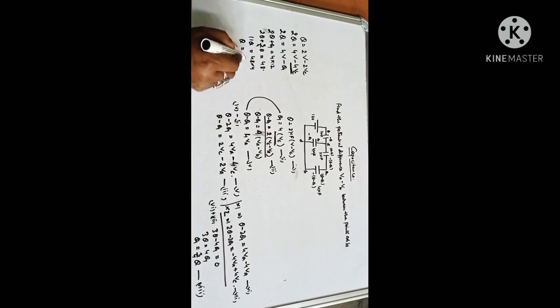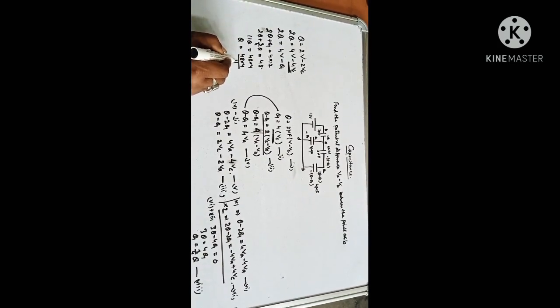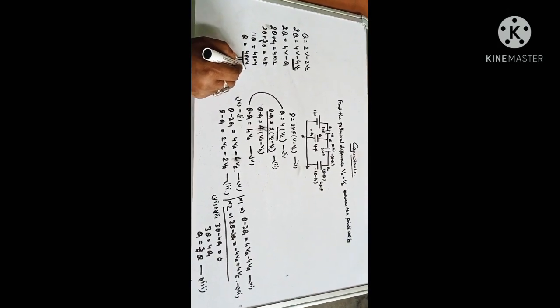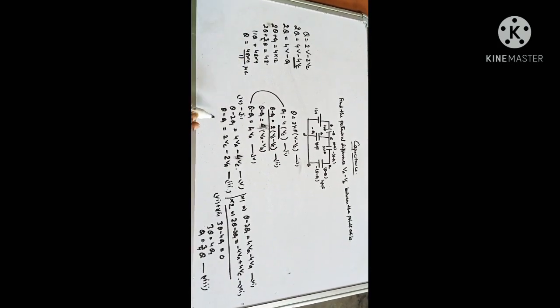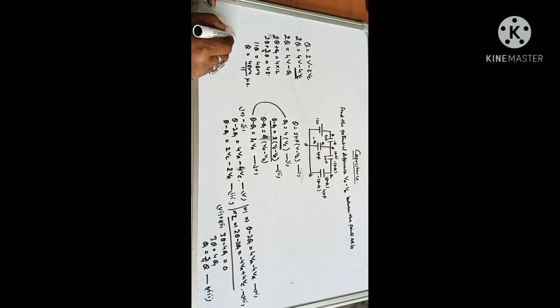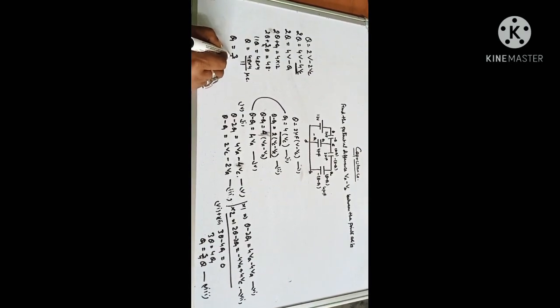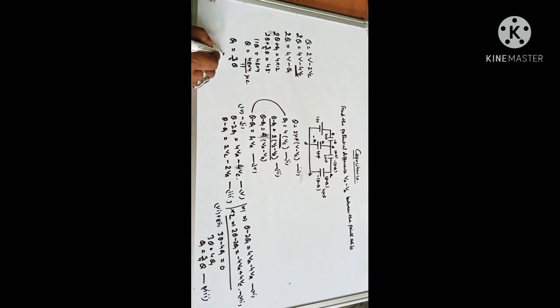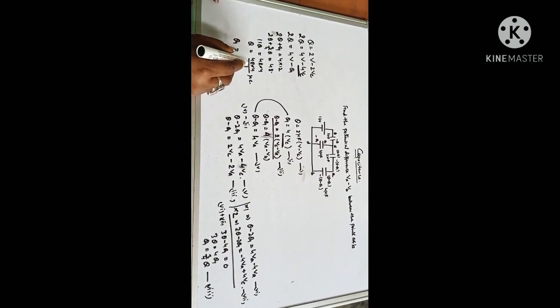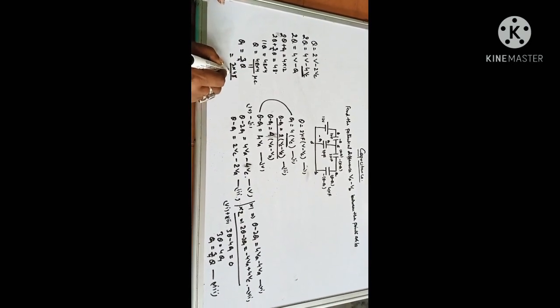So q comes out to be 48 into 4 by 11. This much microcoulomb charge. So now q1 is how much? q1 is 3 by 4 q, so 4 cancels out, 3 into 48 by 11.